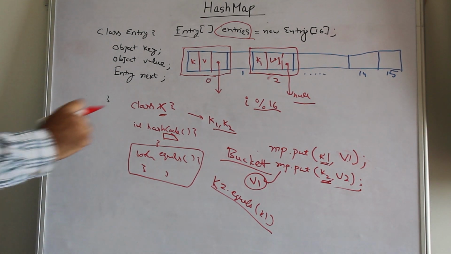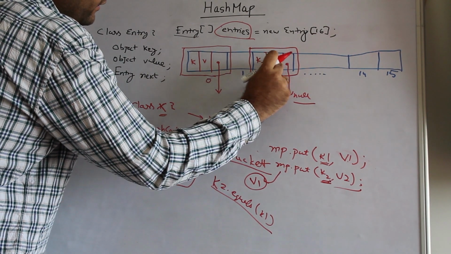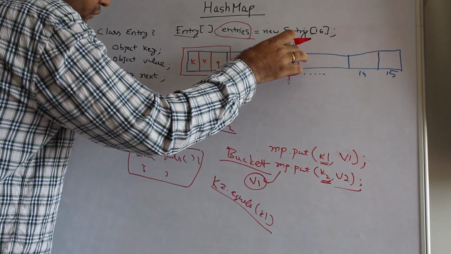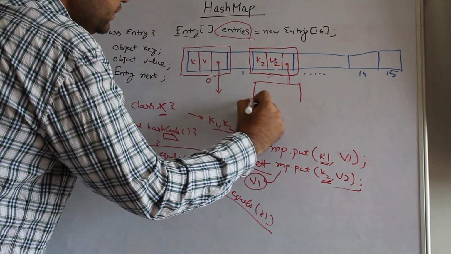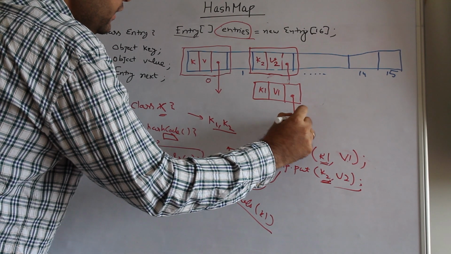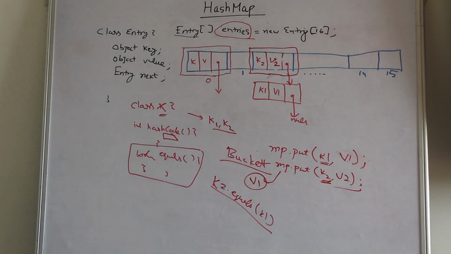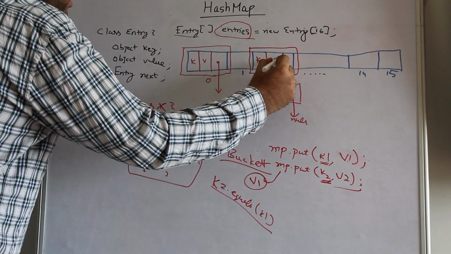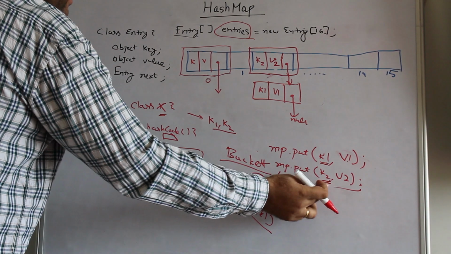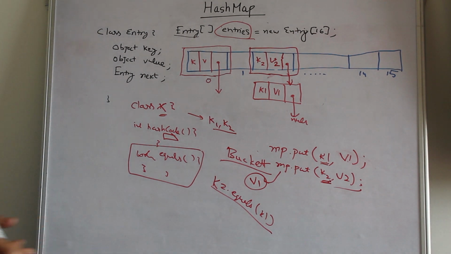So what we will do here is, k2 v2 will come here and it will start pointing to k1 v1, so k1 v1 will move down, and it is pointing to null, and this next is pointing to this. So this is the structure that will be made after putting k1 v1 and k2 v2, considering the case that k1 and k2 are not equal.